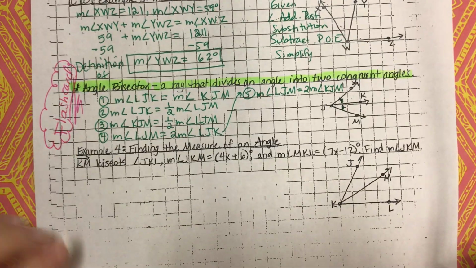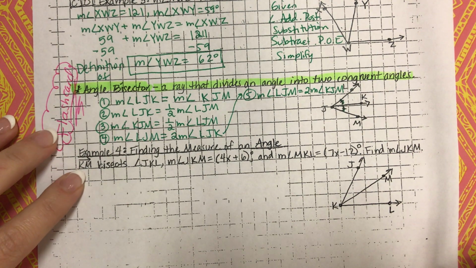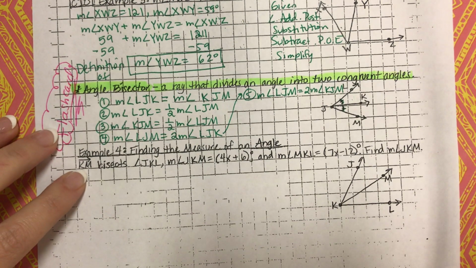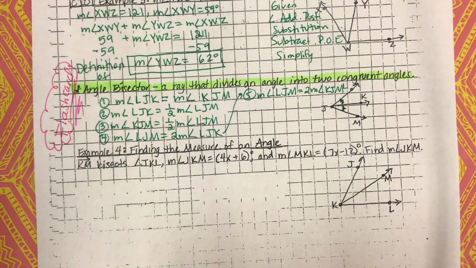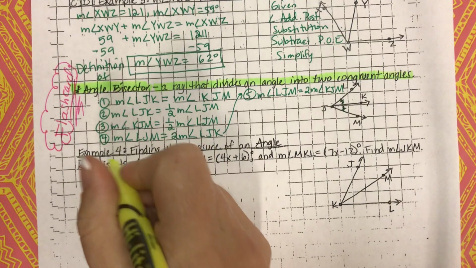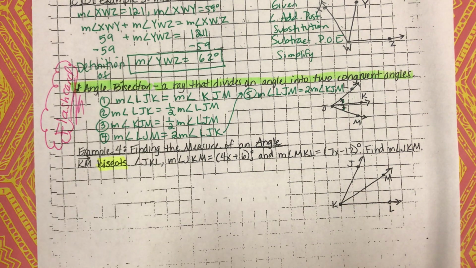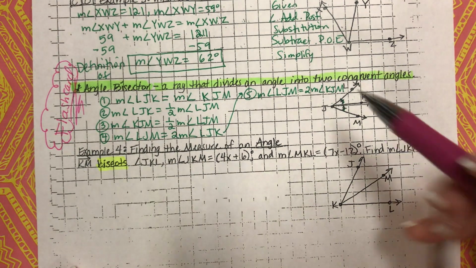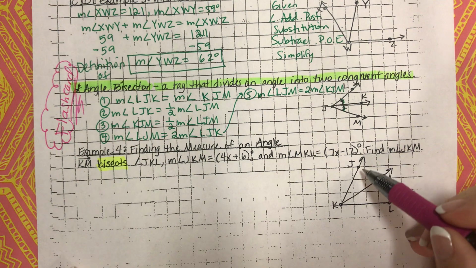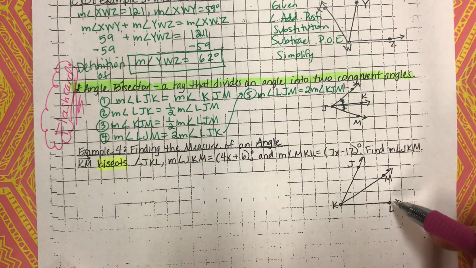All right. So example 4, finding the measure of an angle. It says KM bisects. Boom. That's the key word. We know it bisects this angle, so we know that we're going to have access to all 5 of those formulas. So KM here bisects this big angle JKL.